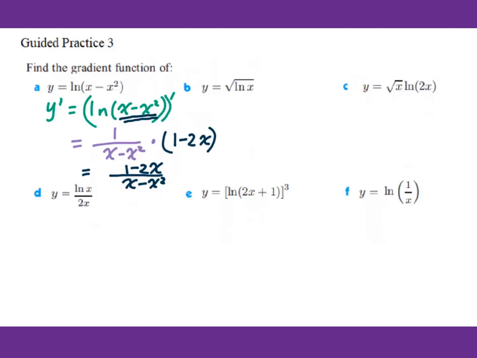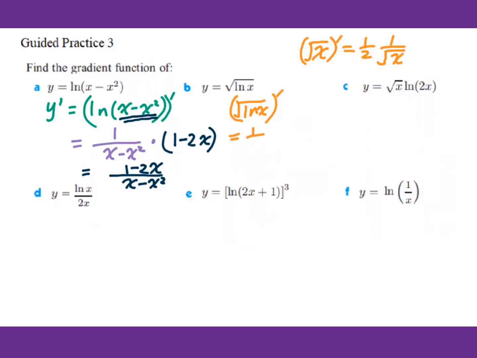Let's go to b. Derivative of the square root of natural log of x. First of all, you have to use the power rule. That is the square root of u, whose derivative will be 1/2 times 1 over the square root of u.